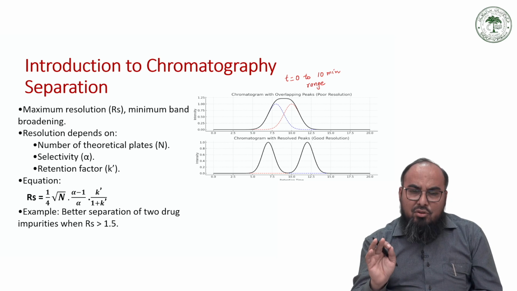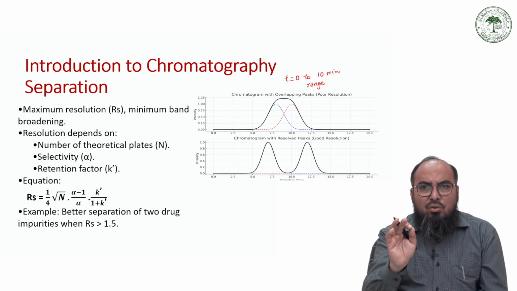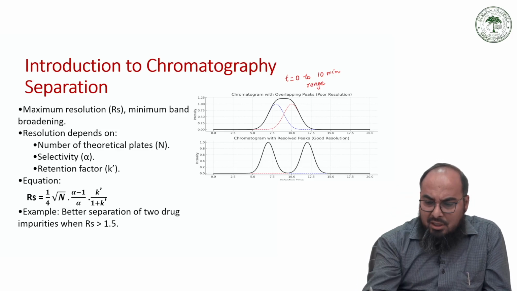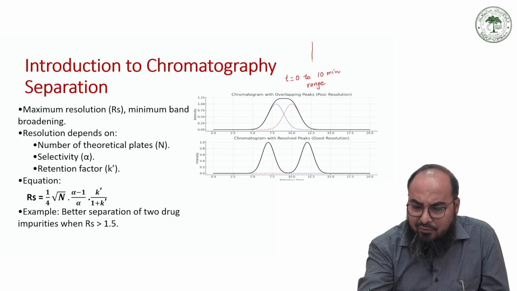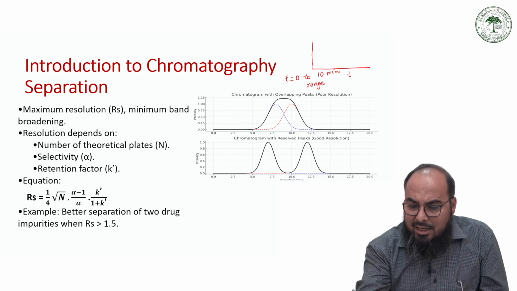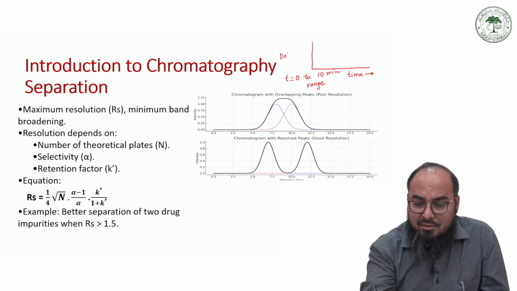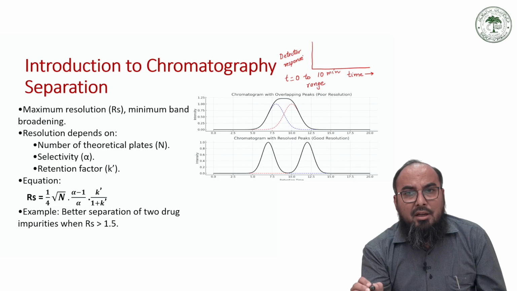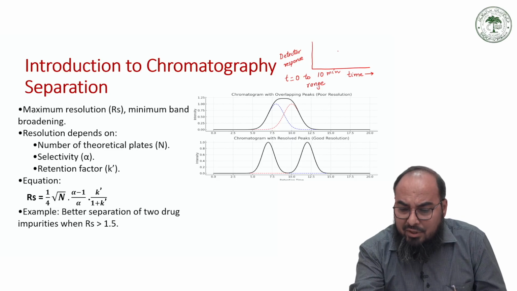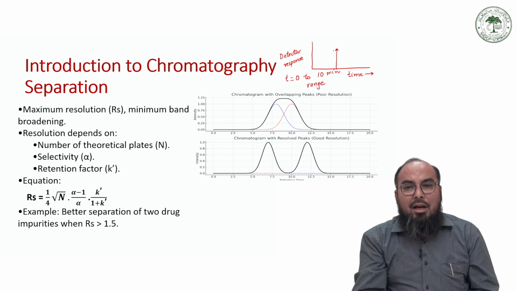For example, if you think that your solute is eluting at a single point of time, then you will obtain a graph like this, with time written here and the detector response here. If the elution is occurring at a single point of time, then you will get a peak like this, a straight line perpendicular to the time axis.